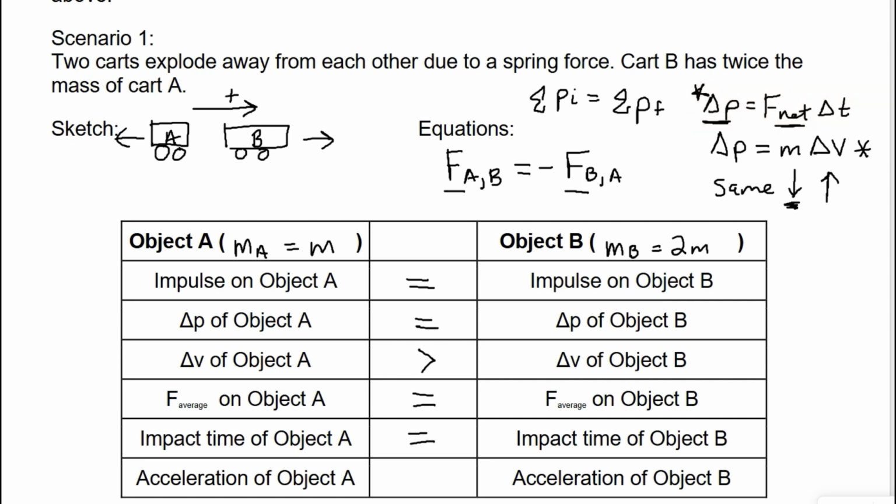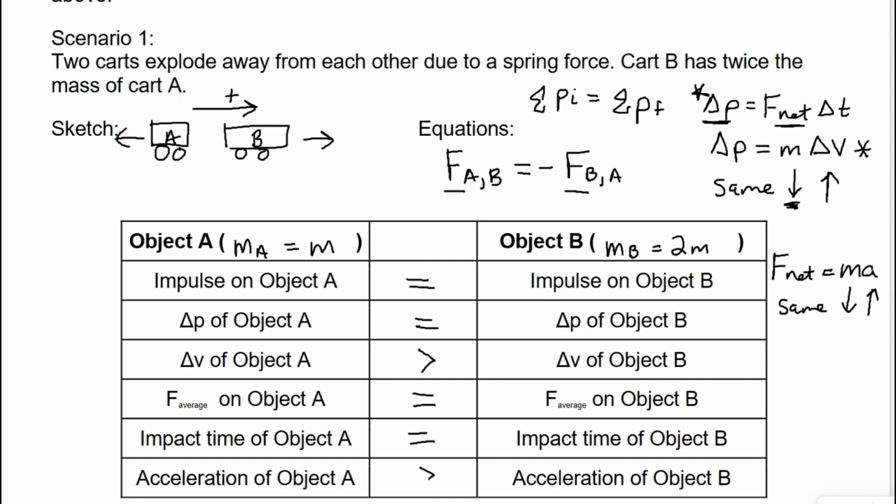The last thing that we want to think about here works for the acceleration. We know that according to the second law, net force is equal to mass times acceleration. So if object A has a smaller mass, it must have a greater acceleration in order to maintain the same net force.